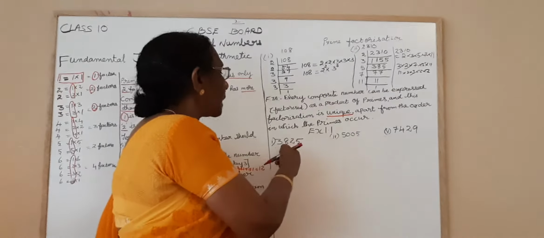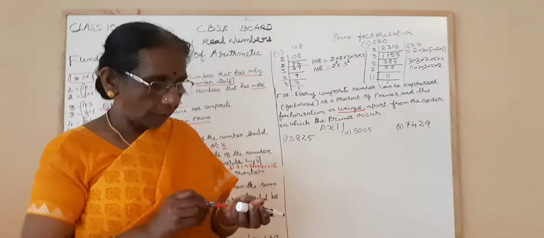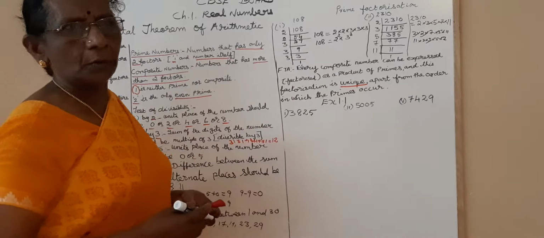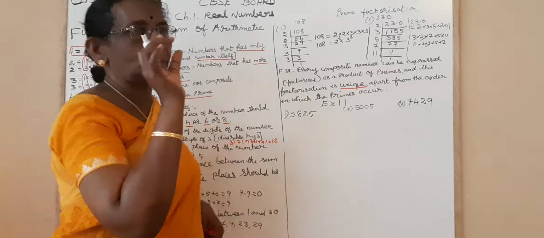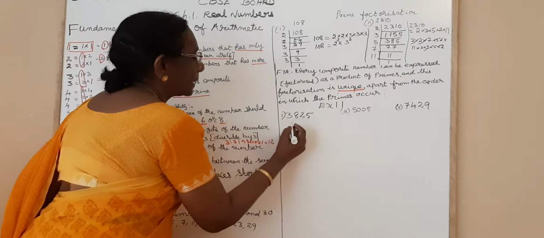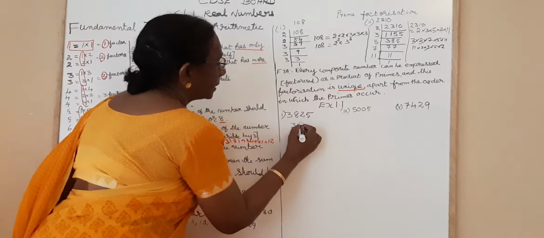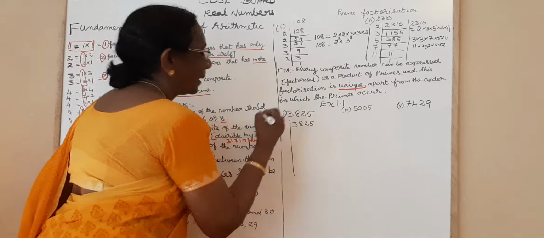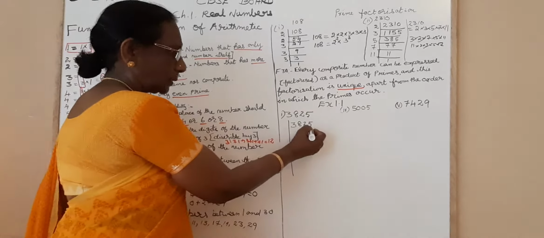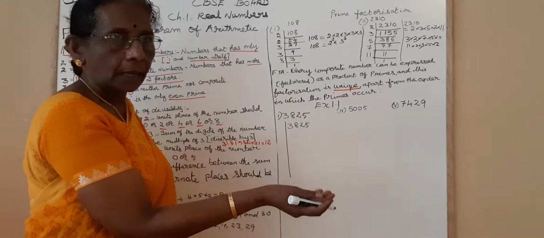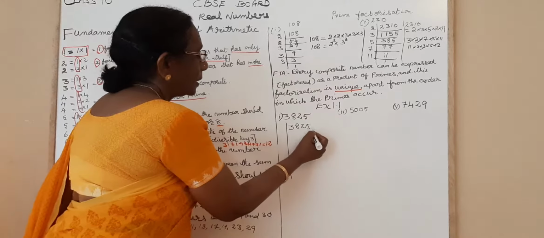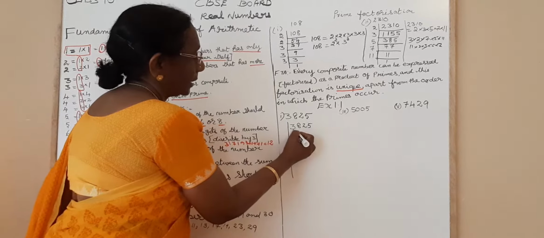Now we'll move to exercise 1.1. The first and second sums you can do by yourself because they are small numbers. Now next this sum, 3825. First see the units place. It's not an even number, so let us move to 3. 7, 15, 18.